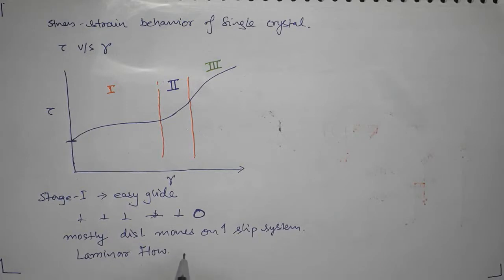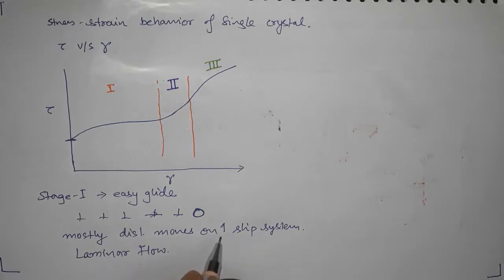But turbulence cannot exist in solids because solids are ordered structure, and that too when they are crystalline. Only then we are talking about dislocations. So that's why we don't compare it with liquid. But when you have slips happening only on one system, then it will look like, and it is like, a laminar flow of material.